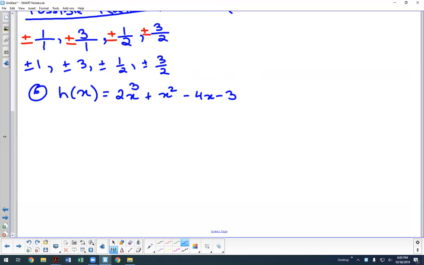couple of these. So let's start with positive 1. I want to see if positive 1 from one of our options is going to give us a 0 remainder or not. What numbers do I put inside my synthetic division from my polynomial in here? 2, 1, -4, -3.